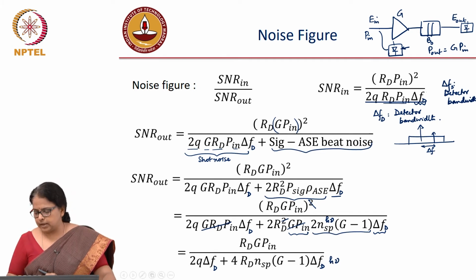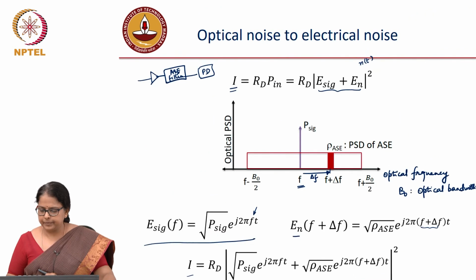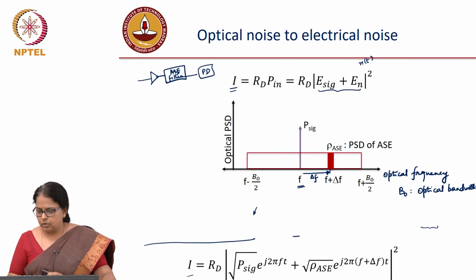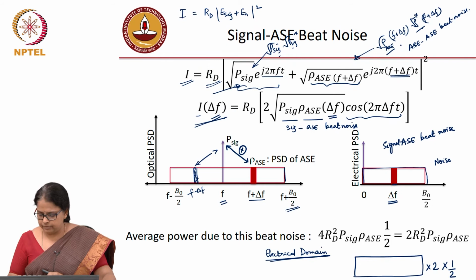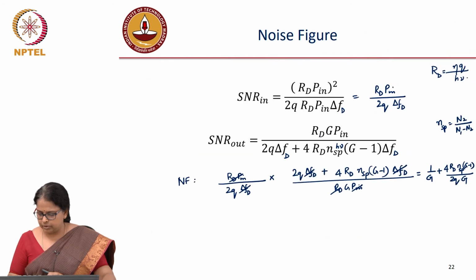This h nu comes in the rho_ASE. So, if you go back and look at the power spectral density, it is 2 N_SP h nu times (G minus 1). So, that rho_ASE term should have h nu here.